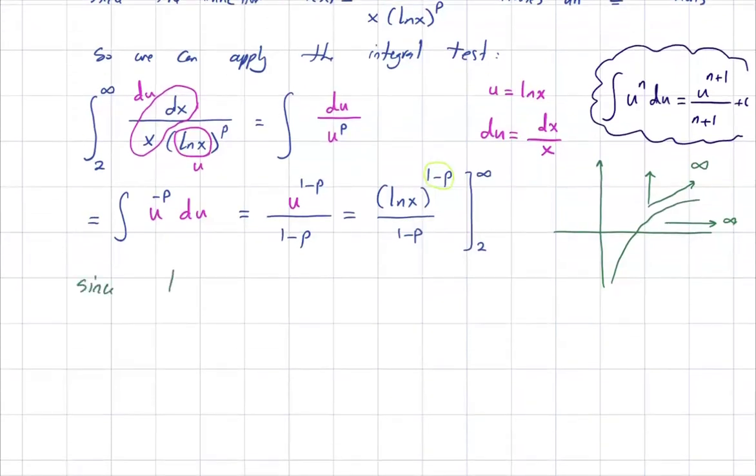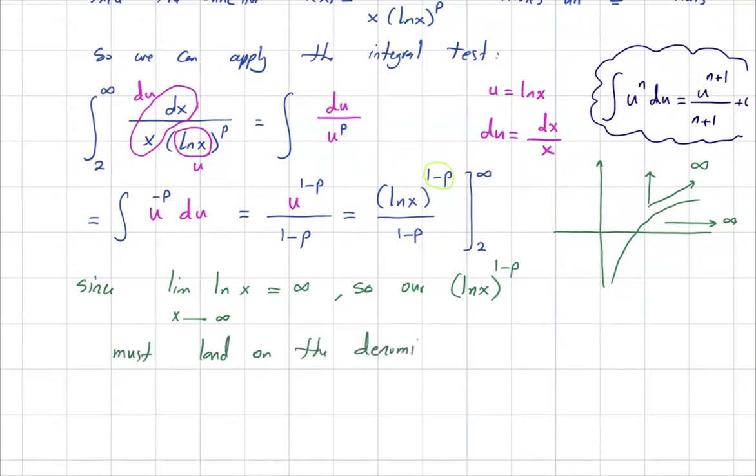Since the limit of ln of x, as x goes to infinity, is infinity, our ln of x to power 1 minus p must land on the denominator. Because if it's on the denominator, then 1 divided by infinity becomes 0. So 1 over infinity becomes 0.